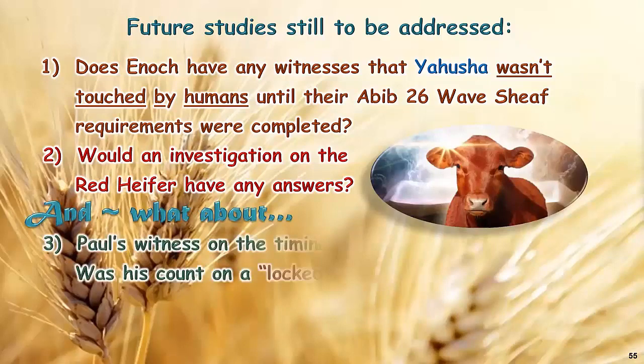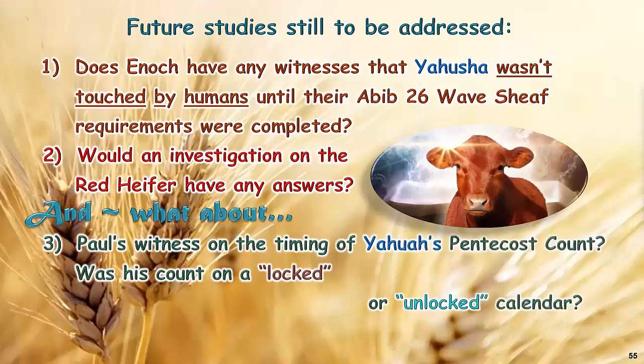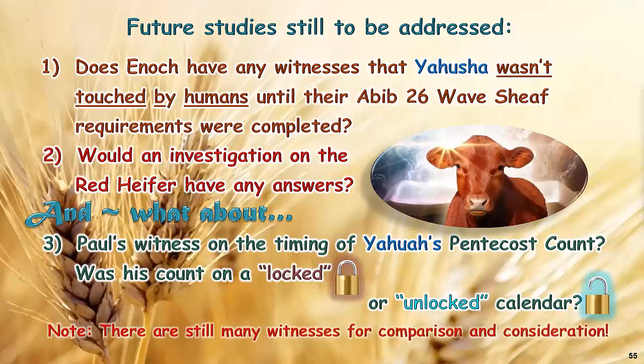And what about Paul's witness in the timing of Yahuwah's Pentecost count? Was his count on a locked or unlocked calendar? Now that is a question. Huge, very, very important. There are still many witnesses for comparison and consideration.